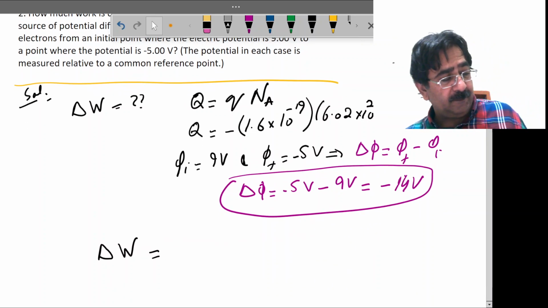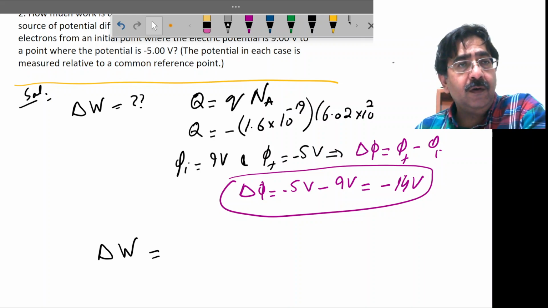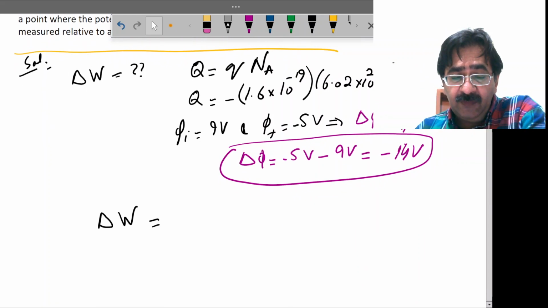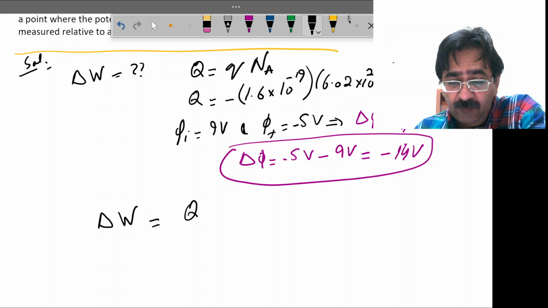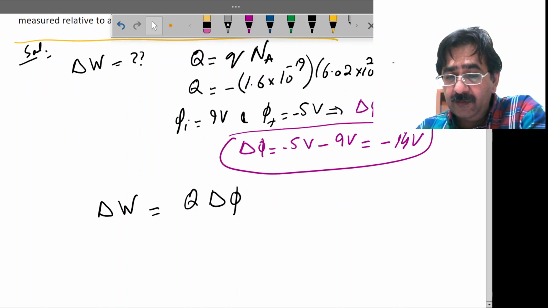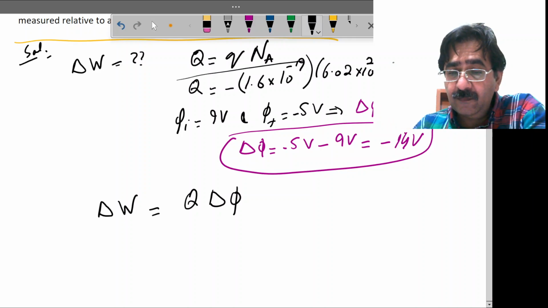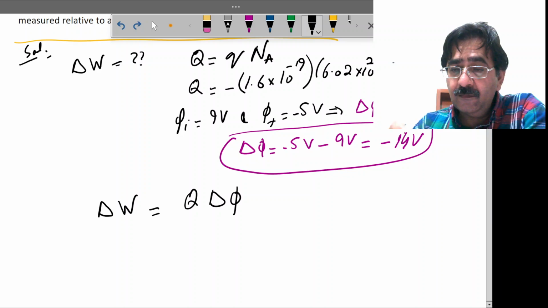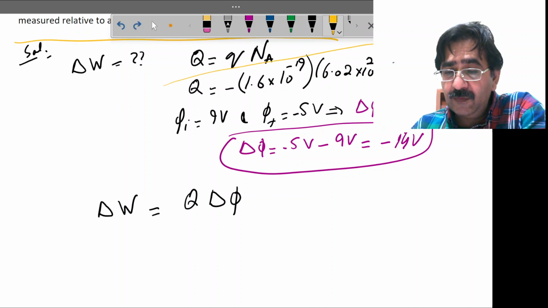The work will be equal to q delta phi, and q is given.